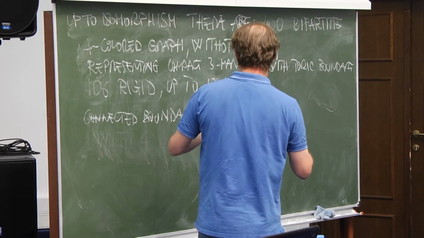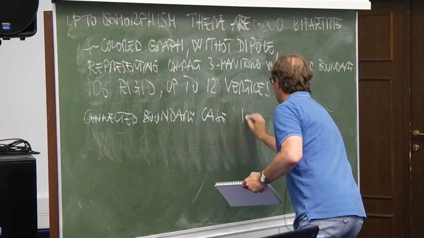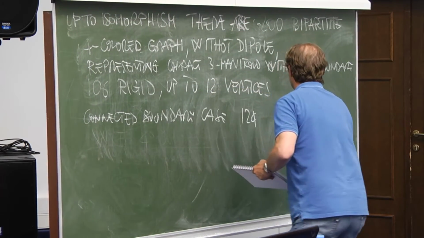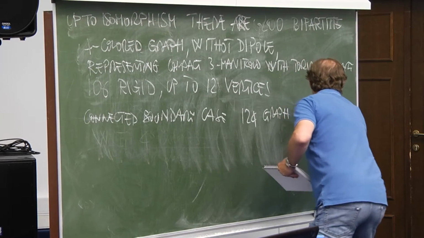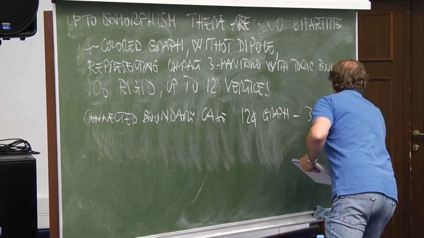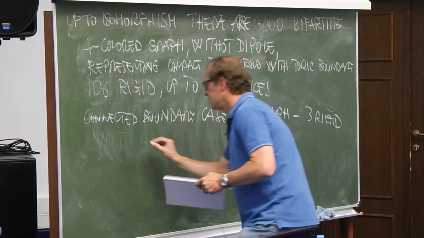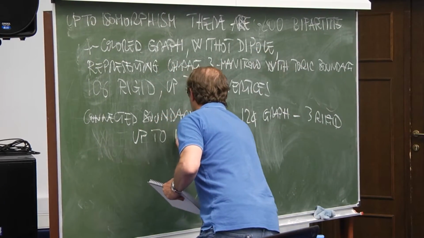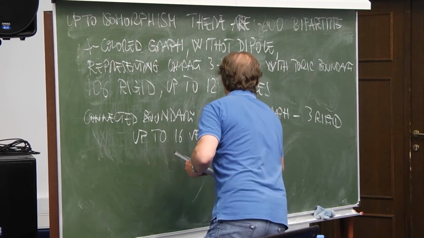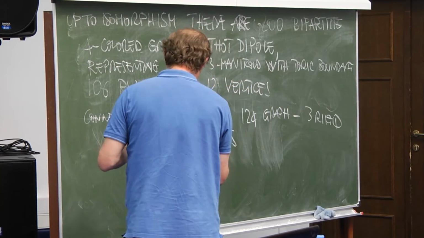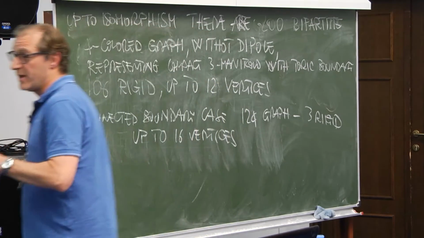For connected torus boundary, there are 124 graphs, only 3 rigid, up to 16 vertices. This is in terms of graphs, but most interesting in terms of manifolds.